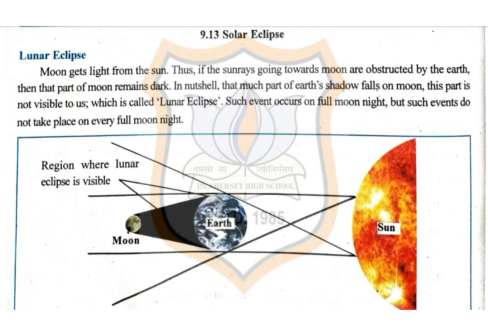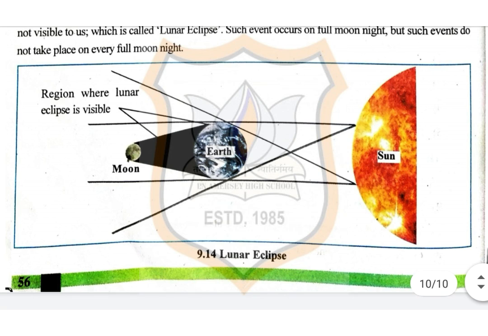This part is not visible to us, which is called a lunar eclipse. Such an event occurs on a full moon night, but such events do not take place on every full moon night. Children, you can see the picture of the lunar eclipse.